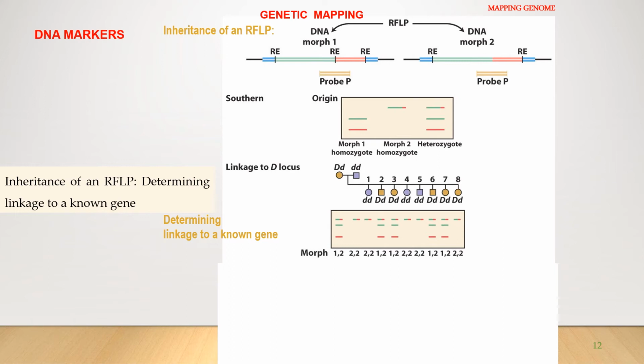Similarly, the genotype of all the progeny can be interpreted based upon the RFLP pattern, and it can be concluded that the ones which have three bands are all heterozygotes for the particular gene, and the ones with a single band are homozygote recessive.